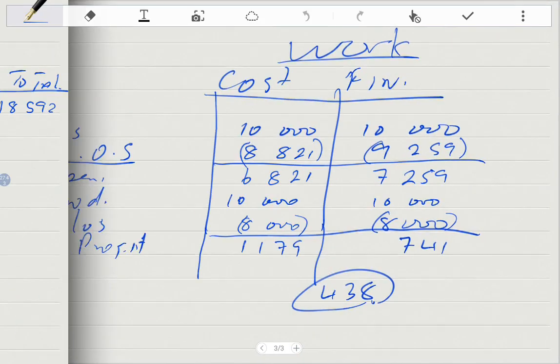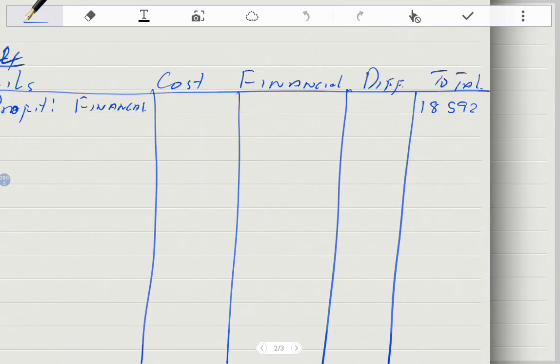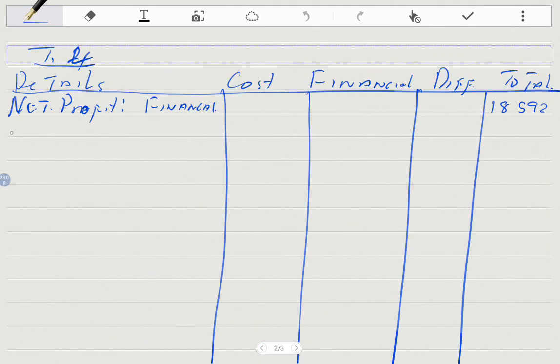So you simply do the same thing in these workings of yours. This is a profit that I want to take and make equal to this one. So you take 741 and you want to make it equal to 1,179. So the question is, what are you going to do? Are you going to add or are you going to minus? Now you've got an answer. Okay, then I'm going to add.